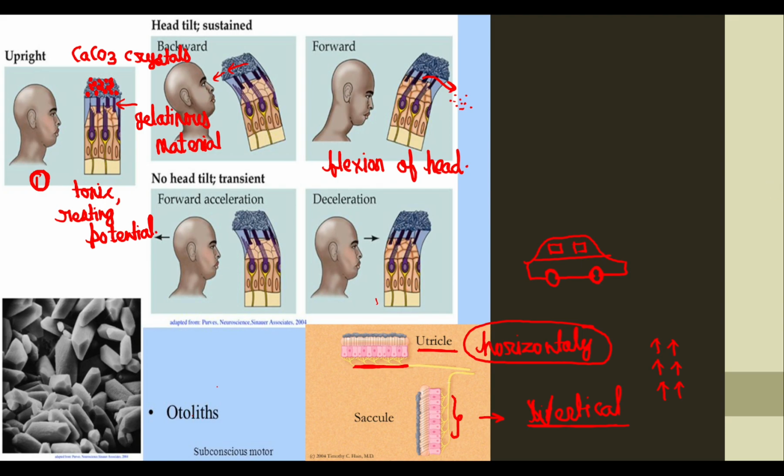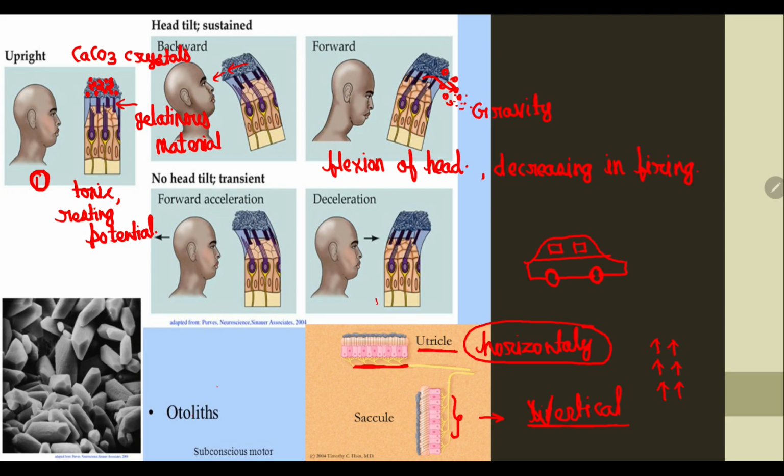When you tilt your neck downward, obviously due to the force of gravity, first the gelatinous material will bend downward, and the crystals will also move downward. In this condition, there will be a decrease in firing of action potential. Your brain will detect it.